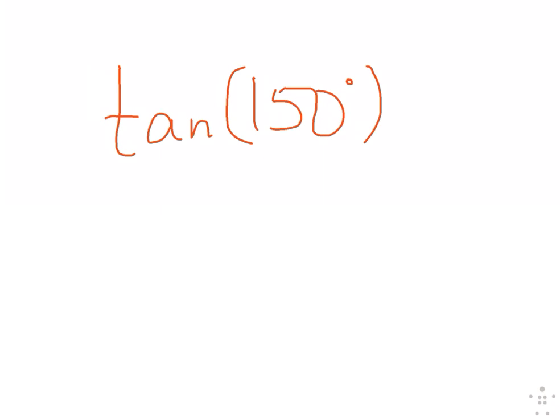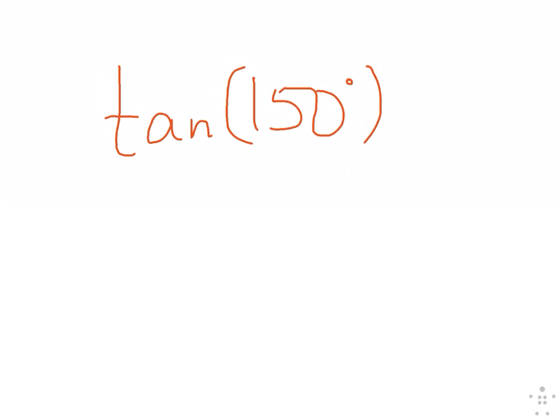I'm just asking you for one of the pieces out of the 6. I'm not asking you for all 6. You had to do all 6 on 10 and 11 on your test. 12 and 13, just want you to find one piece. You still use the unit circle.